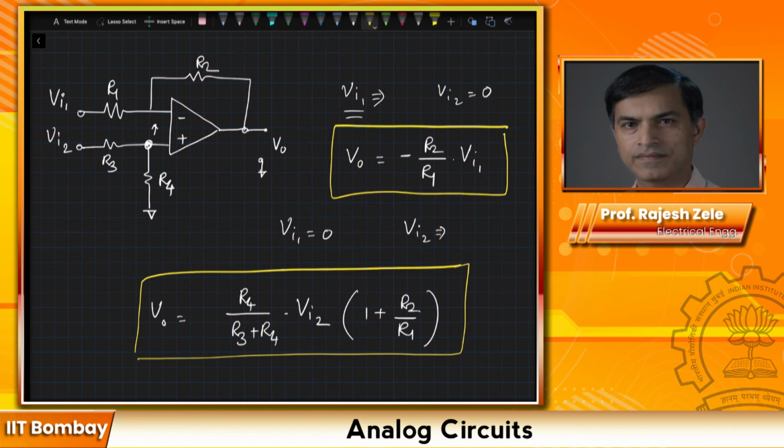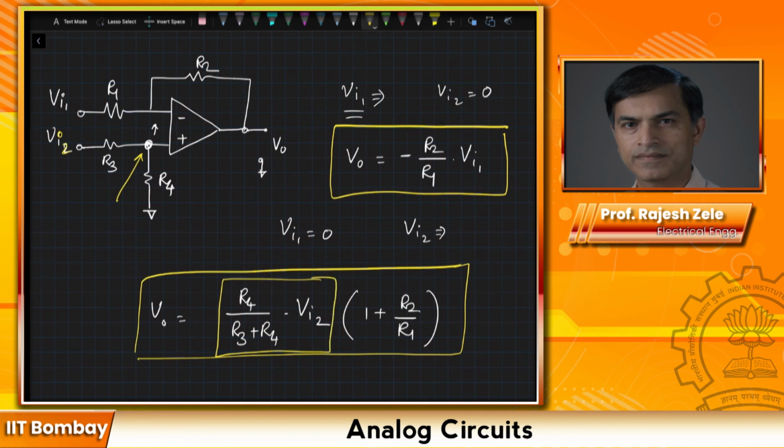Let me repeat again if it's not clear. For superposition we turn on one source at a time and we derive the transfer function to the output, and then we add the two together since the circuit is linear, right? So when you are applying Vi2, the potential at the positive input is going to look like this.